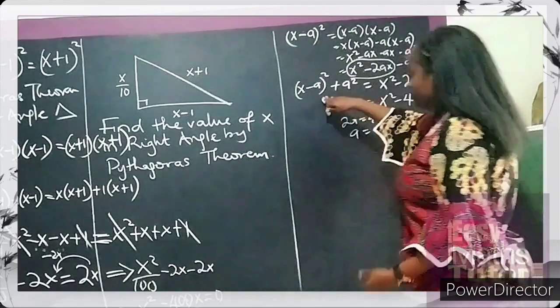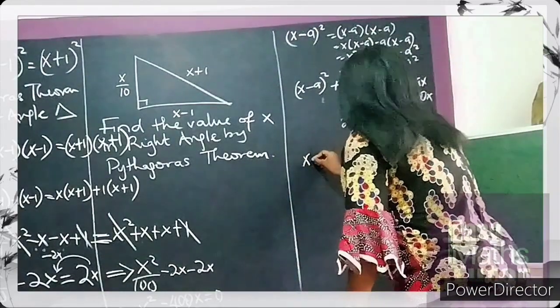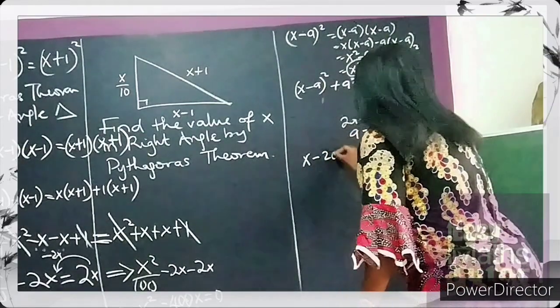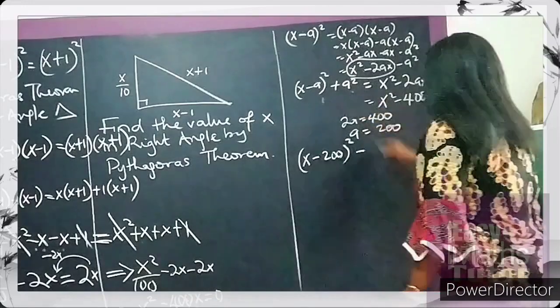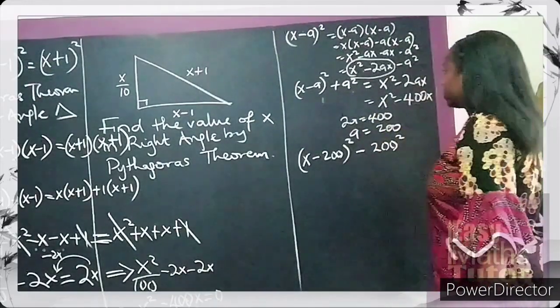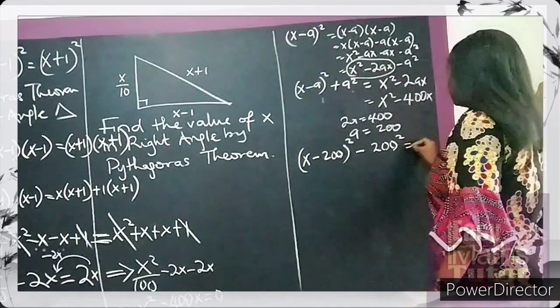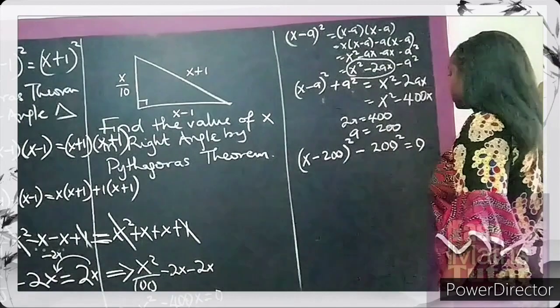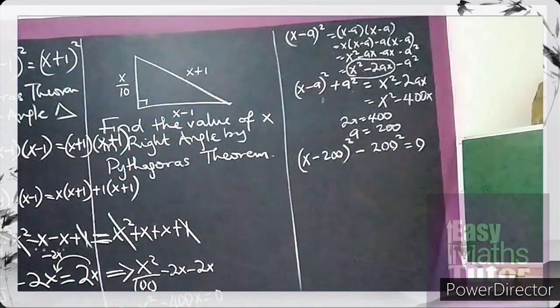So let's substitute a into this equation to give us this, right? So we'll have x minus 200 squared minus 200 squared equal to 0. Right?